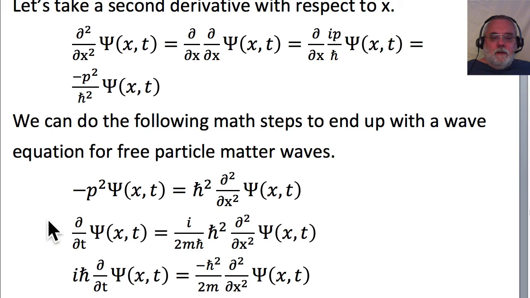We can use the time derivative and move some of its factors to the right side so that we get the time derivative of psi is i h bar squared over 2m h bar times the second derivative of psi.